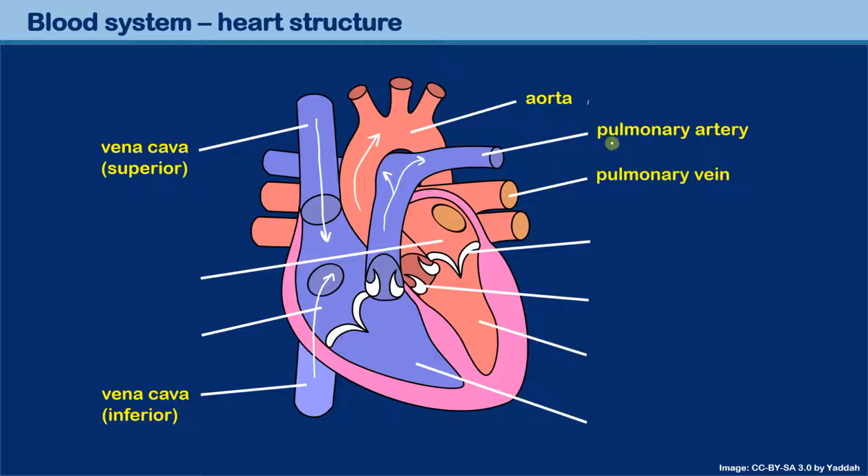You have the pulmonary veins, also two of them over here, because the blood comes from the left and the right lung, and they carry the blood back to the heart. We have the left atrium, the collecting chamber over here. And you see the left side of the heart is colored red, because this indicates that the blood is oxygenated. We have the right atrium over here, the right collecting chamber.